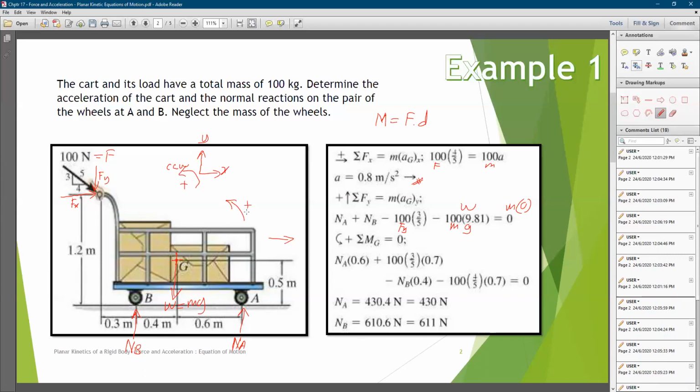This one is positive because it is counterclockwise. The normal force must be multiplied by the perpendicular distance, or the moment arm, which is 0.6. So NA times 0.6.